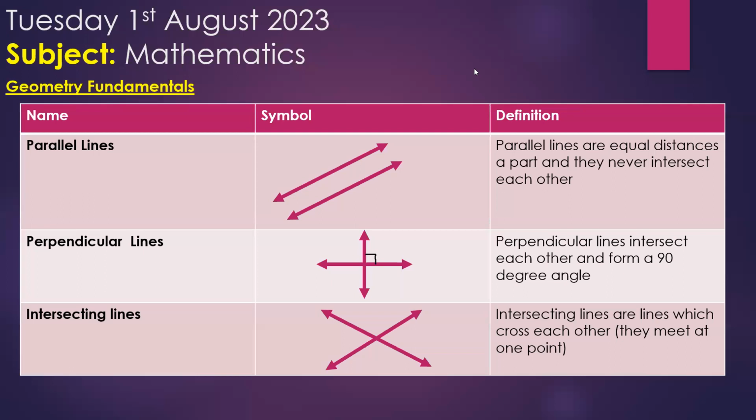Yeah, they don't intersect each other. And then Chai, what are perpendicular lines? Perpendicular lines intersect each other and form a 90-degree angle. Very good. So they must form a 90-degree angle. Good.